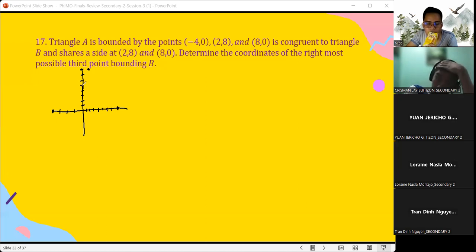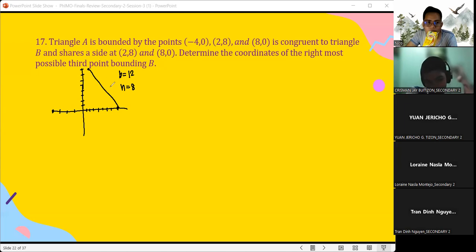So this one is an isosceles triangle. The base here is 12, and the height here is 8. Since triangle A and B are congruent and they share 2, 8 and 8, 0, we will be forming a parallelogram.